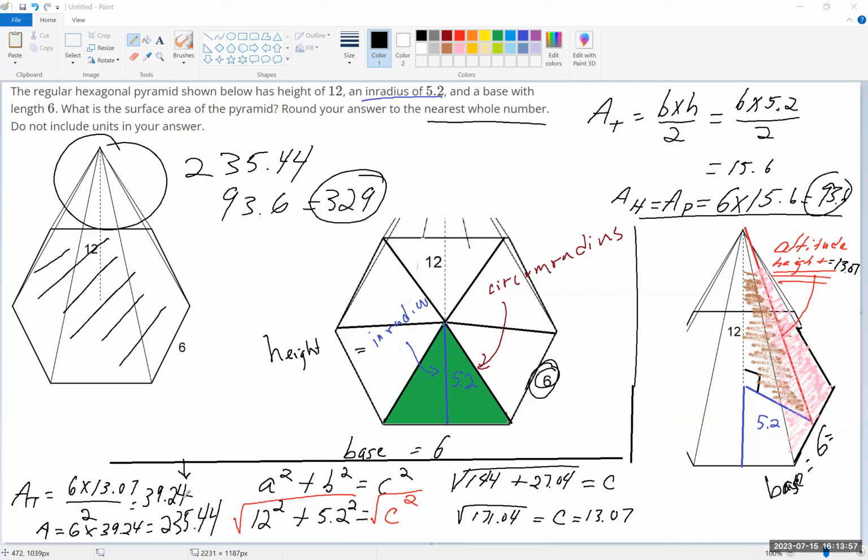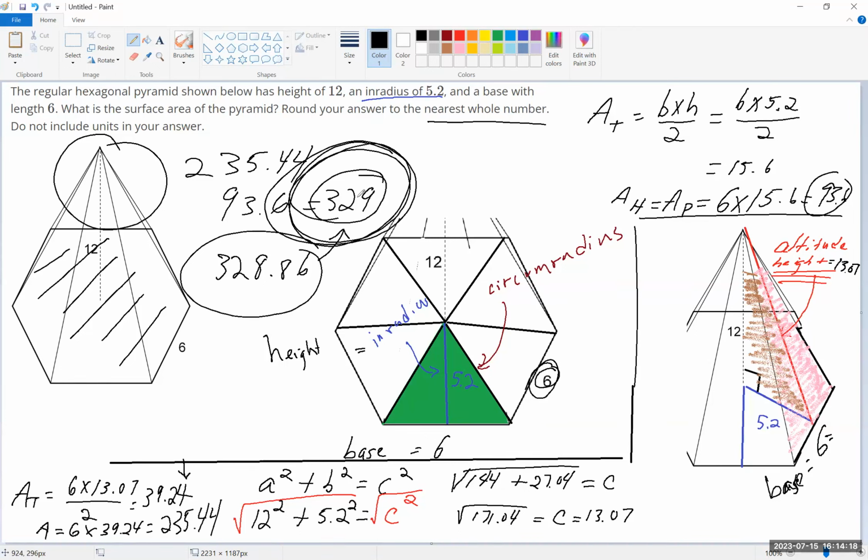If I'd have left the 1 here, you get 328.86, which rounds off to 329. So this is indeed the answer, even with slightly different rounding off. Challenging problem, lots of parts, but that's how you do it.